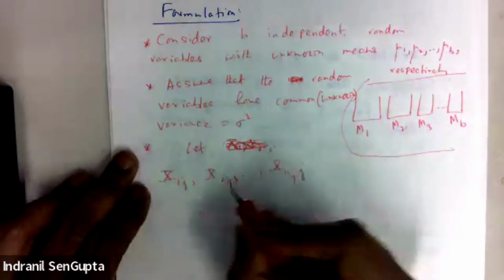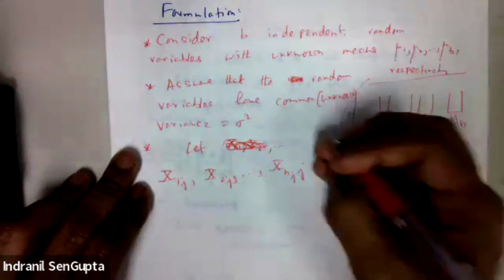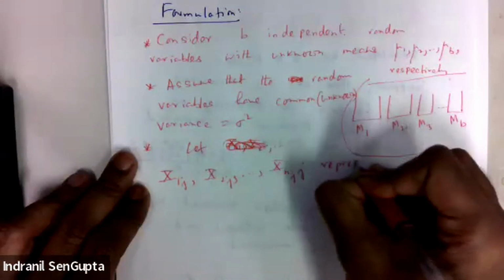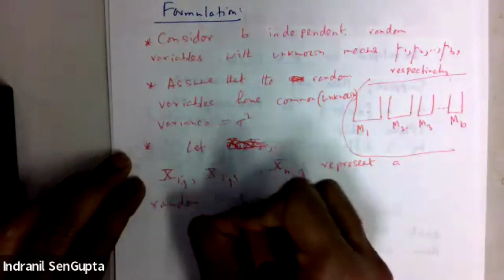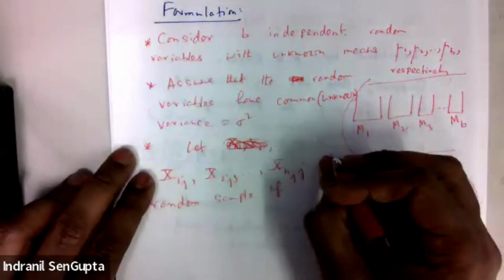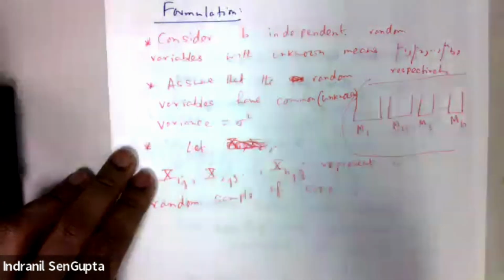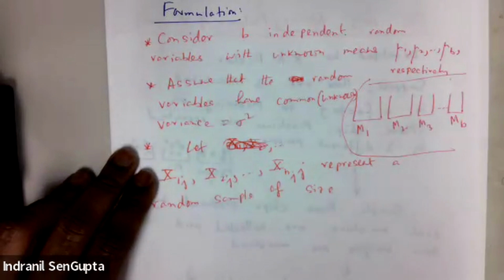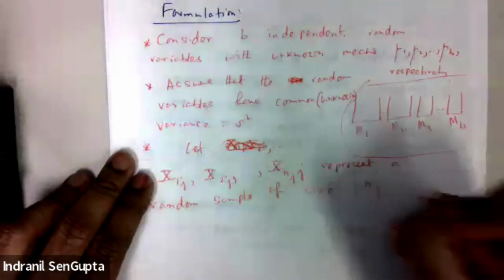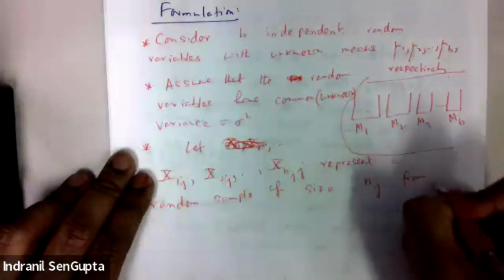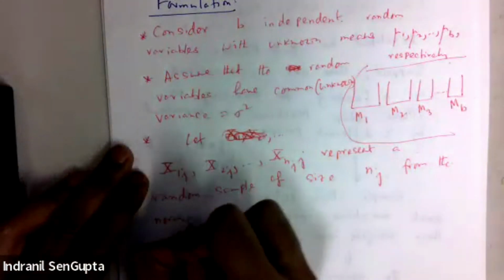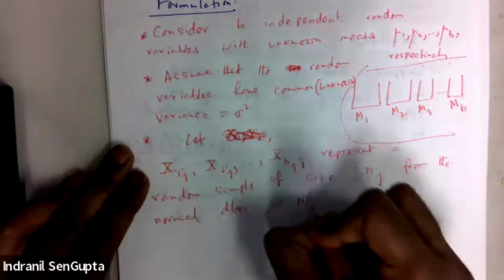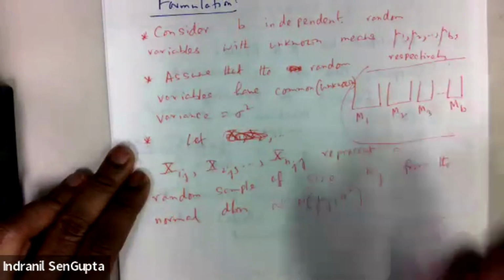So x 1j, 2j, and n sub j represent a random sample of size nj from the normal distribution with mean mu sub j and variance sigma squared.